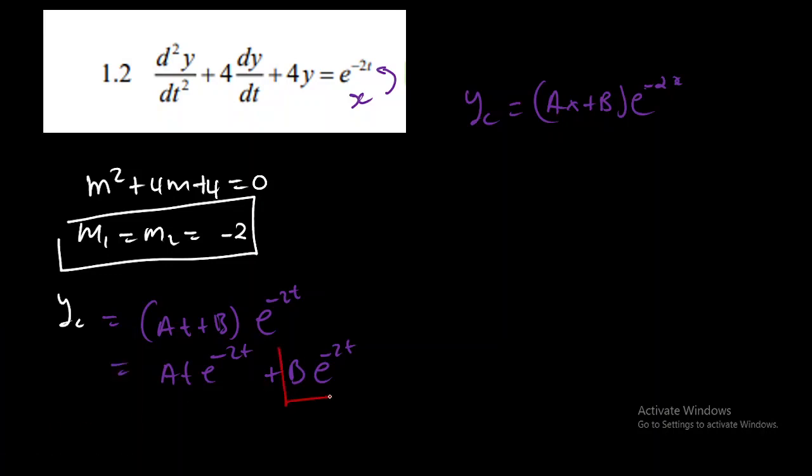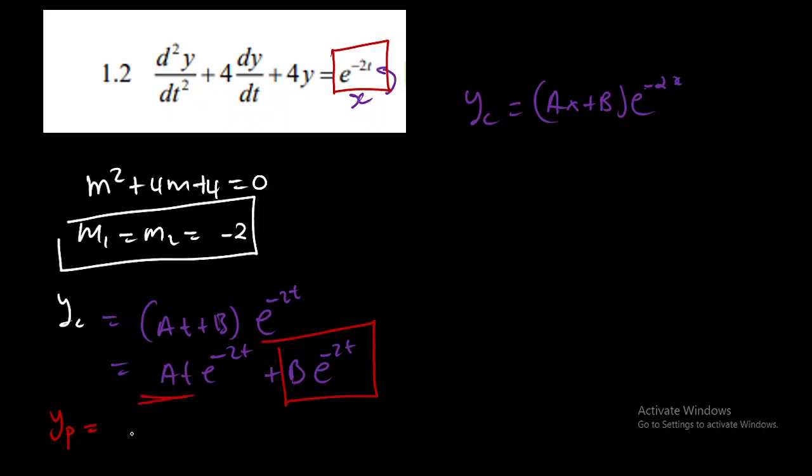If you compare your YC and your right hand side, you can see that you're having something common. And if you have cases like this, you're going to multiply your YP by t, because you're having what we call a special case. Now if you multiply your YP by t, at the end of the day you are still going to have something like this.